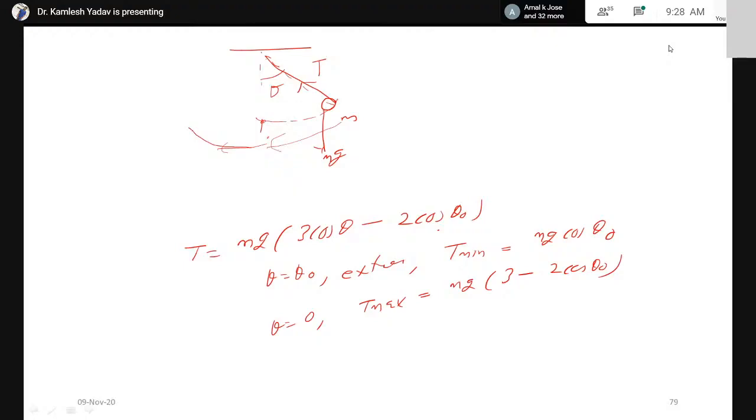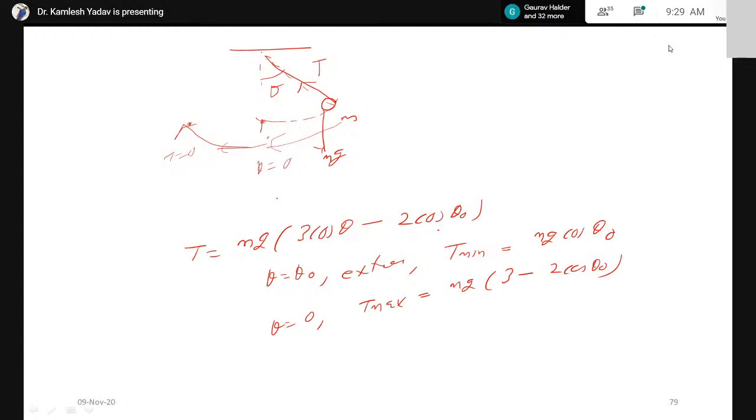At the extreme point, again potential energy is maximum, kinetic energy is 0, and so on. There is oscillation, and the net tension in the string is minimum at the extreme position and maximum at the 0 position. Okay, you have to derive this formula.